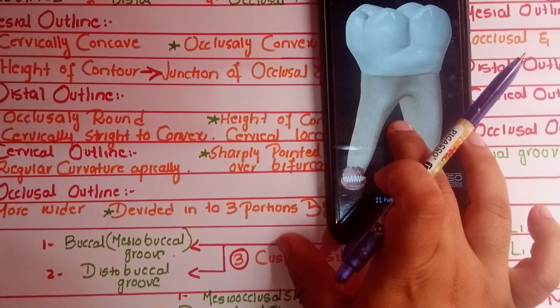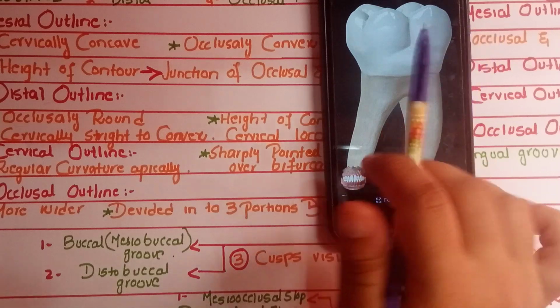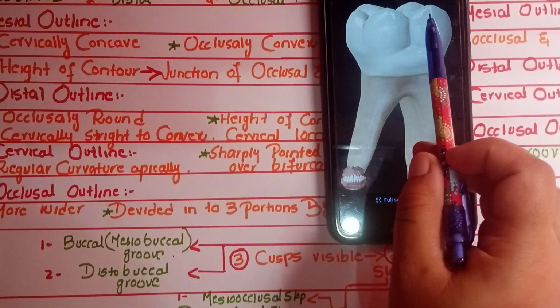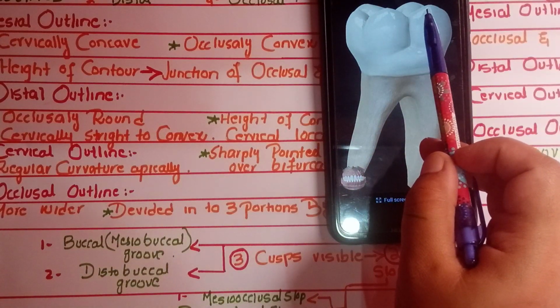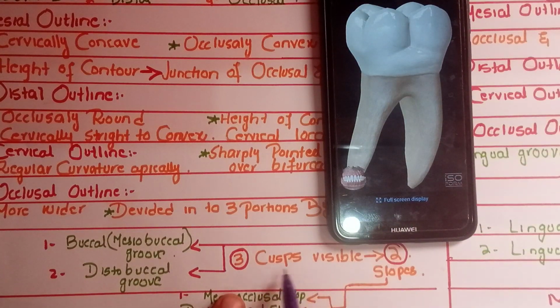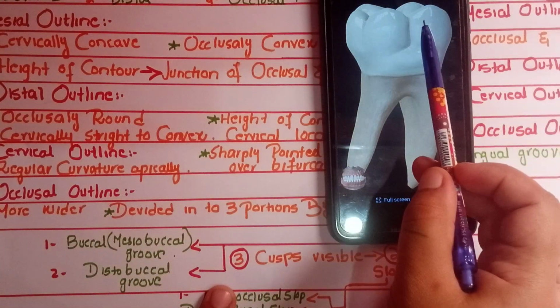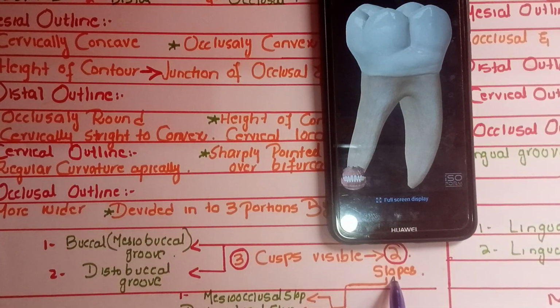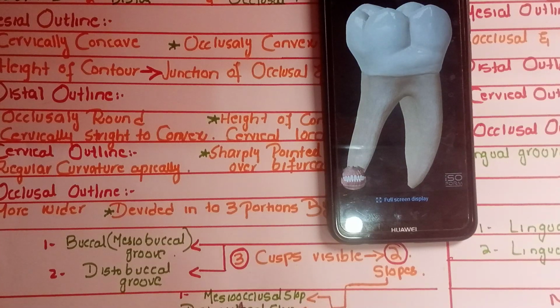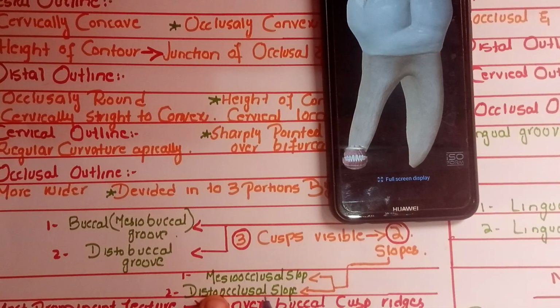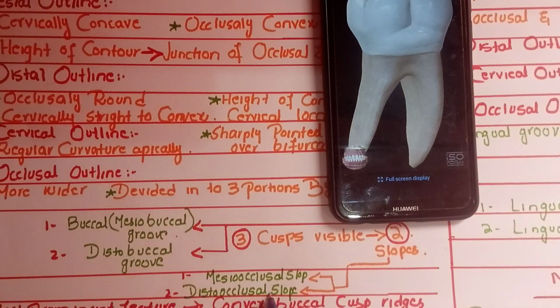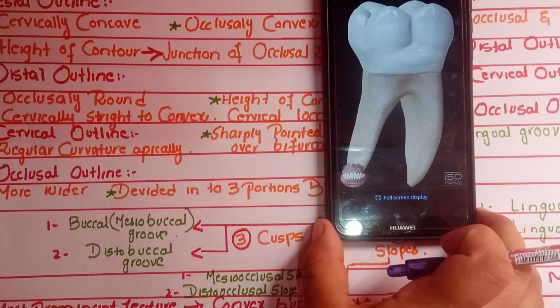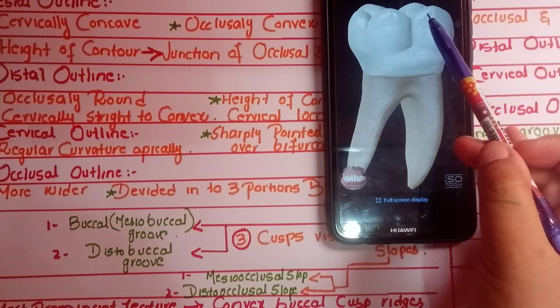On the occlusal outline there are two slopes. There are three cusps present in the occlusal outline, and every cusp has two slopes. The first slope is the mesio-occlusal slope, and the second is the disto-occlusal slope. Now I will tell where these are present.